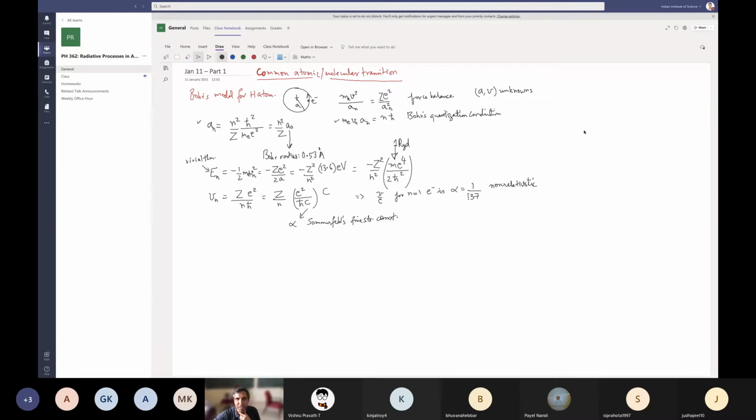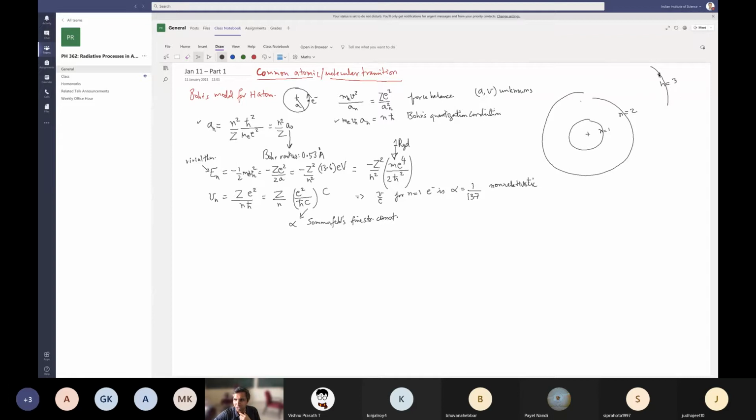Basically you have these orbits, n equal to 1, and a_n goes like n squared, so the farther you go, n equal to 2, n equal to 3, and so on. And you have these transitions.